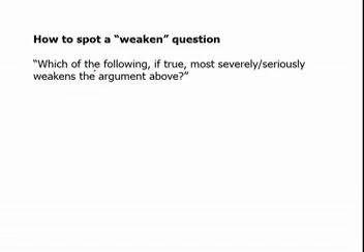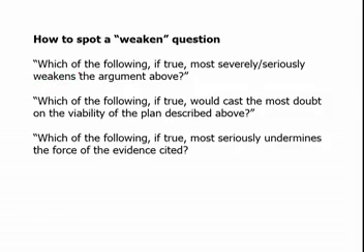Sure, you may get which of the following, if true, most seriously or severely weakens the argument. But you may get other questions in which you have verbiage such as cast the most doubt or most seriously undermines. The point here is that you should quickly note that, oh, look, they're asking me to weaken the conclusion. Therefore, the strategies and techniques you learn in this video, you'll be able to apply to the question.